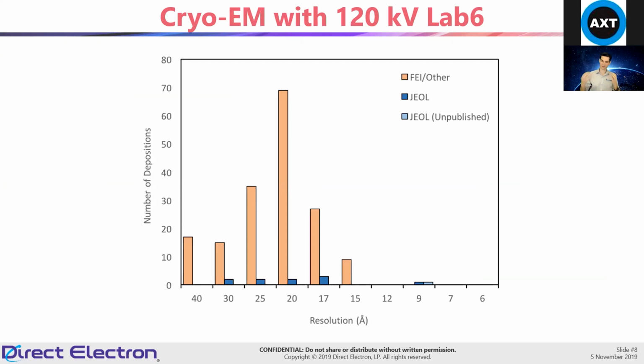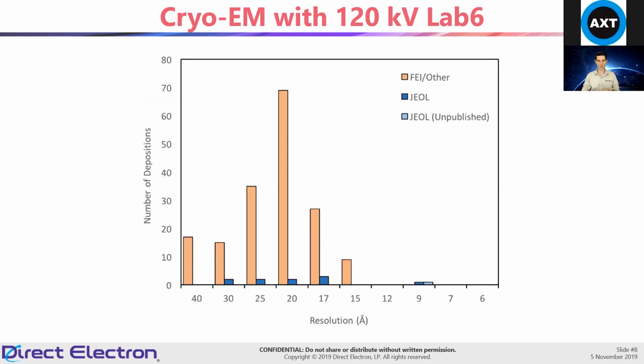But things like the 1400 plus or 1400 flash now, and the other 120 kV Lab 6 instruments, they're a lot cheaper, they're a lot more affordable, and there's a whole lot more of them too. And I know a lot of people use them for screening and things like that. And for lots of labs that need to do screening, or even get low resolution structures, or even good 2D class information, these microscopes are the workhorses.